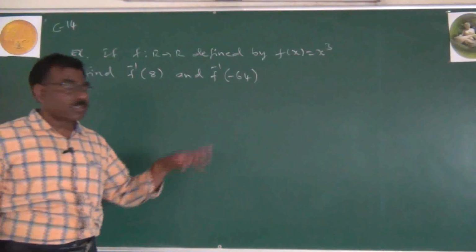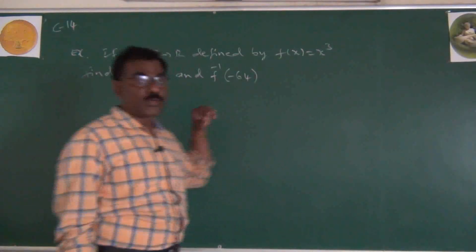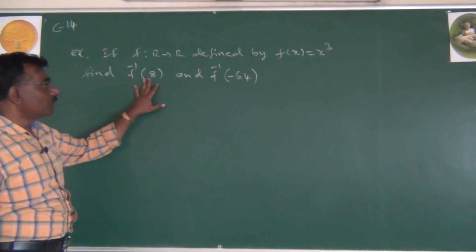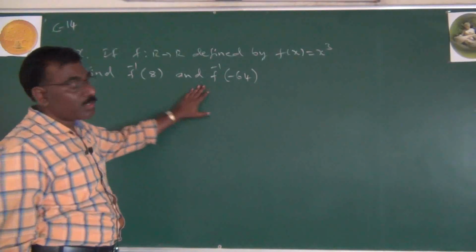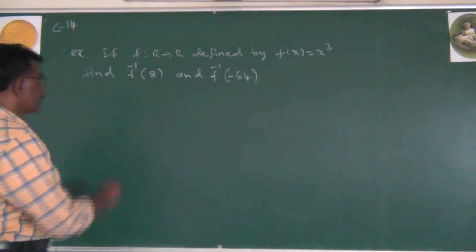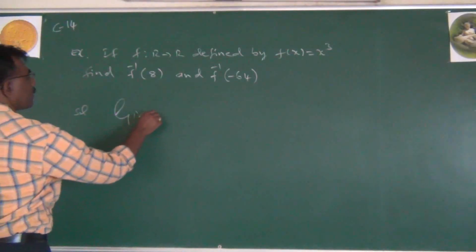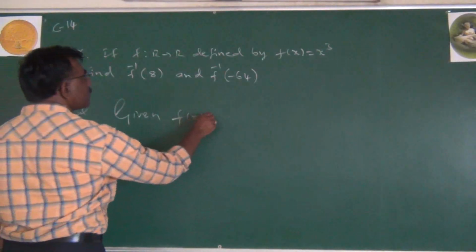Now what is given? The mapping is from R to R, f of x is x cube, and we need f inverse of 8 and f inverse of minus 64. Here it is positive 8 and here negative. Solution: given f of x is equal to x cube.